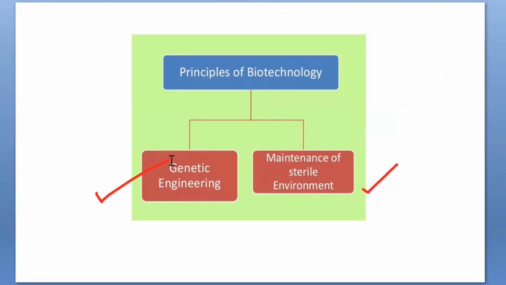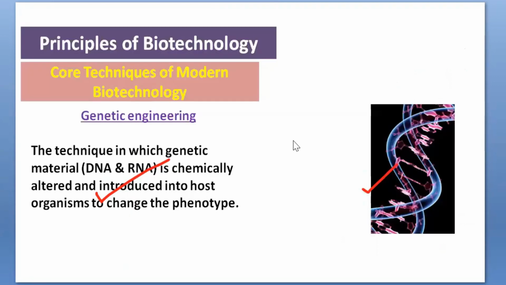Okay, first one, genetic engineering. So what do you mean by genetic engineering? This is the technique in which the genetic material is altered and introduced into the host to change the phenotype. Okay, I'll explain this.